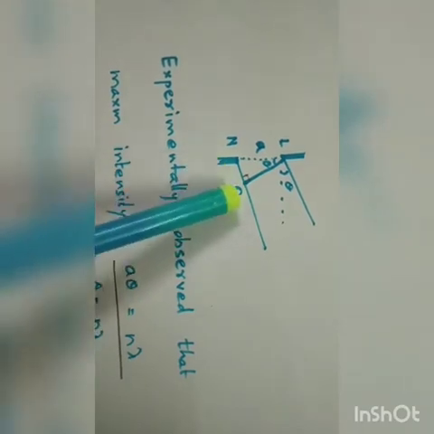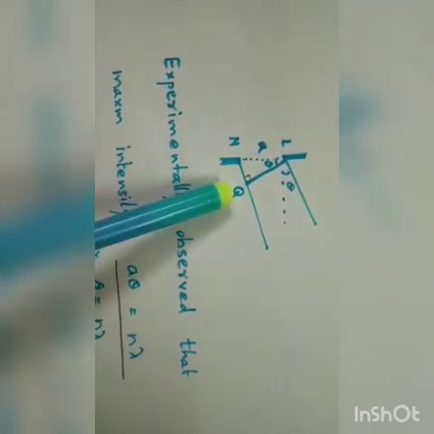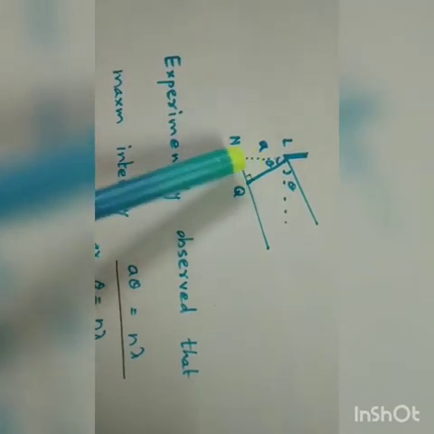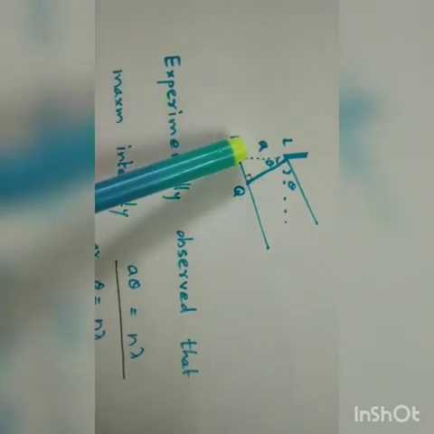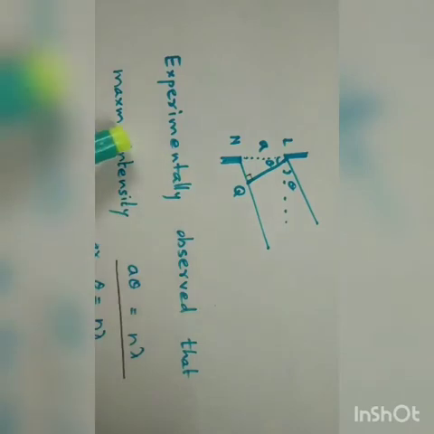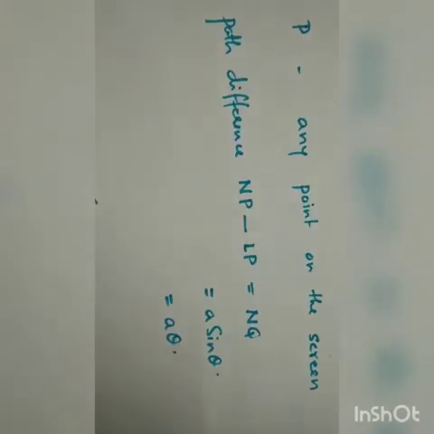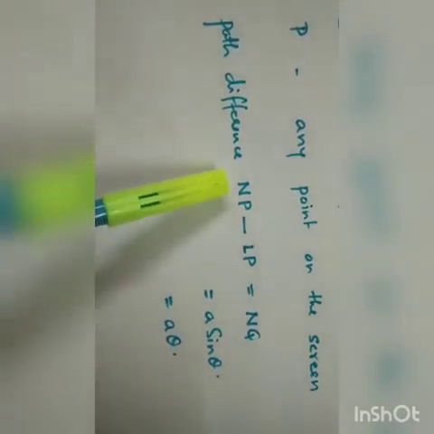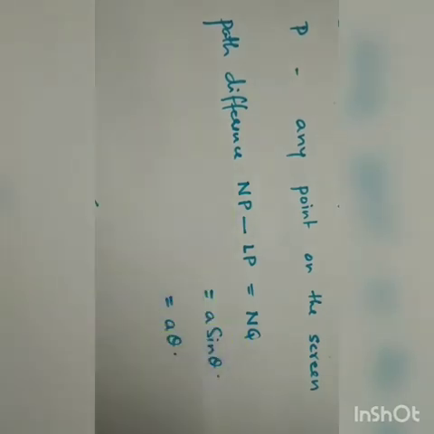Opposite side is NQ, hypotenuse is a. So NQ by a is sin theta. So what is the value of NQ? NQ is a sin theta. Clear? So now we have understood that path difference NP minus LP equals NQ is a sin theta.